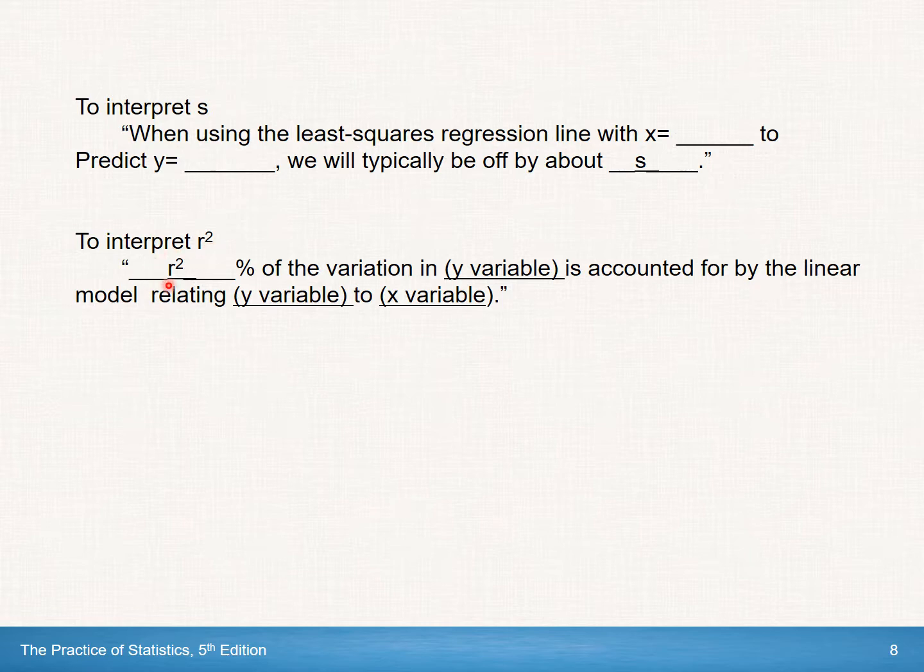When I ask you to interpret R squared, you're going to put R squared here as a percent. So remember 0.88 was 88% of the variation. You're going to put the y variable here, is accounted for by the linear model relating the y variable to the x variable. This is something you're going to want to make a flashcard on, because this is what you're going to want to say when I ask you to interpret S or to interpret R squared.